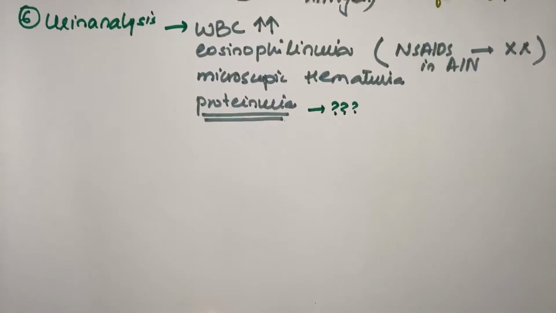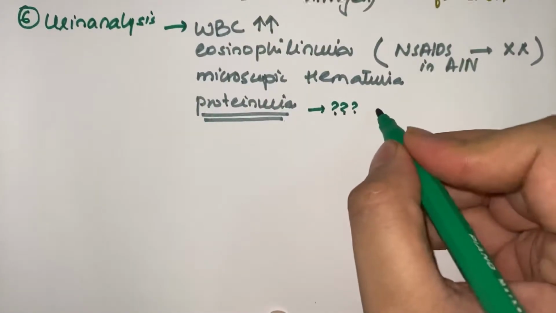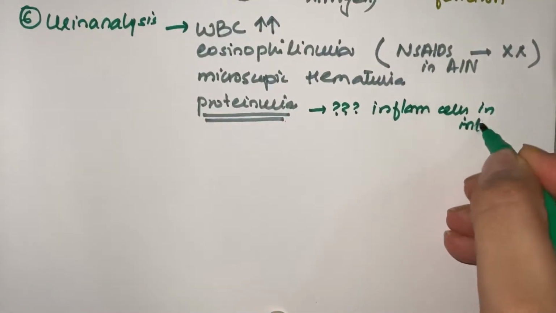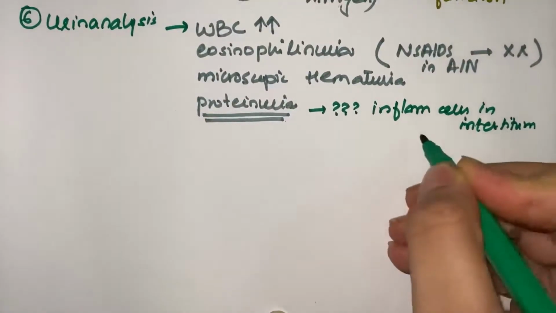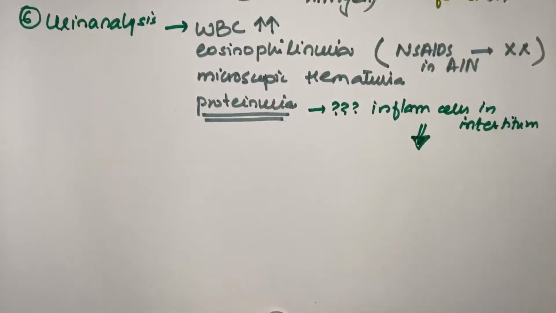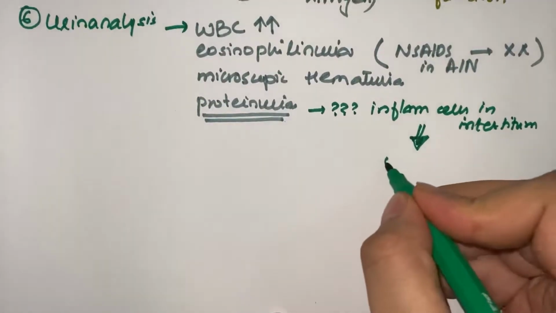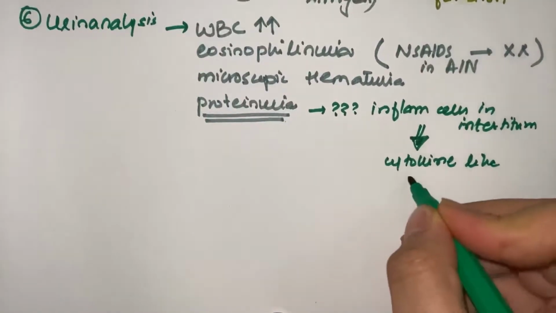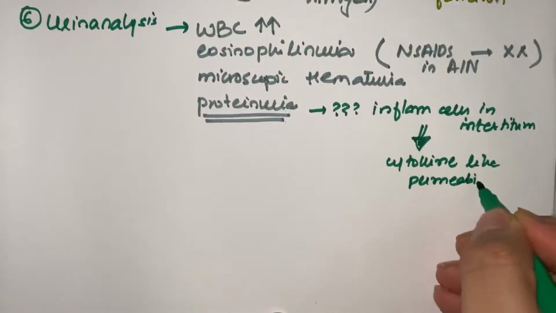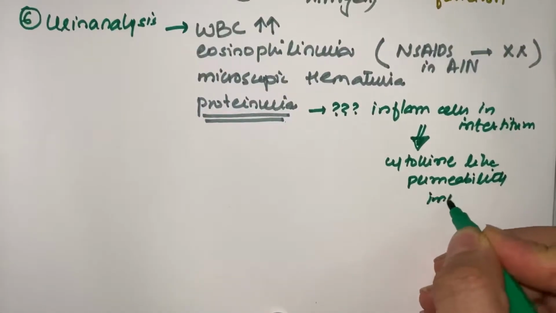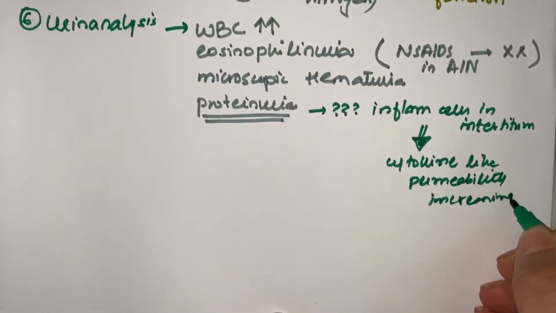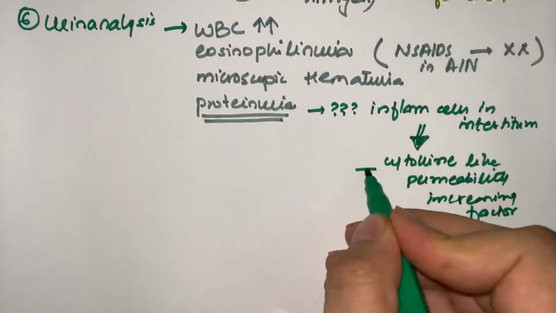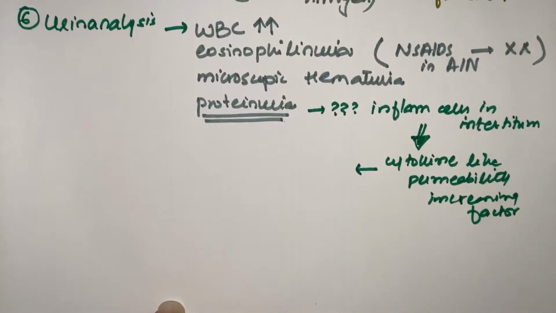This proteinuria occurs because the inflammatory cells present within the interstitium of the kidney release, as we have discussed before, inflammatory mediators. So they will release cytokines which are permeability increasing factors, which increase the permeability of the filtration barrier.